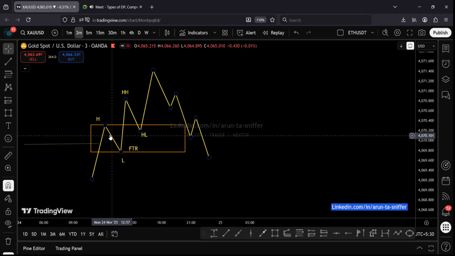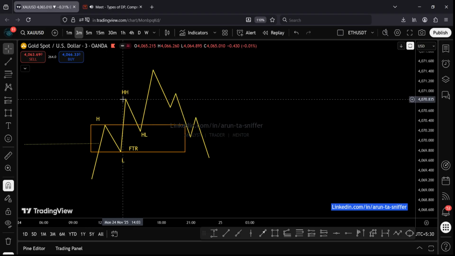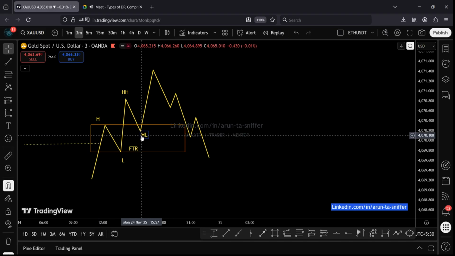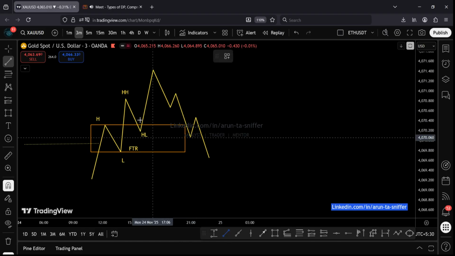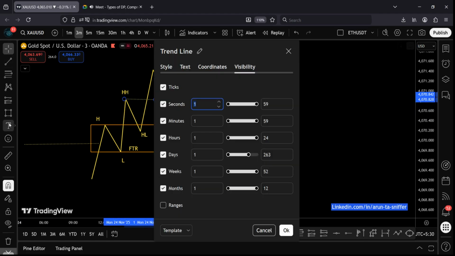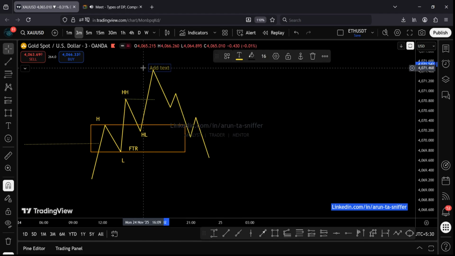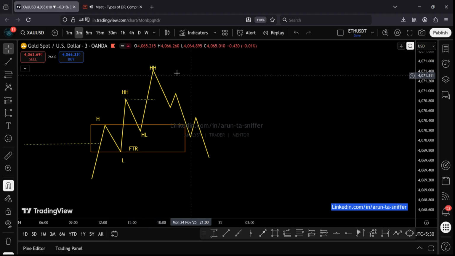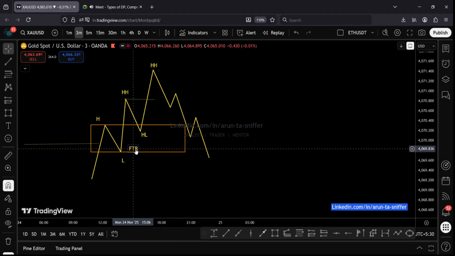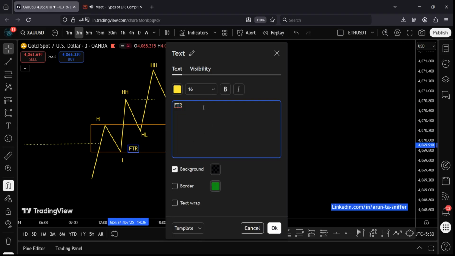When price goes up, crosses this high, comes back to this FTR, then goes up and crosses this higher high and makes another higher high, then our FTR converts to FL.